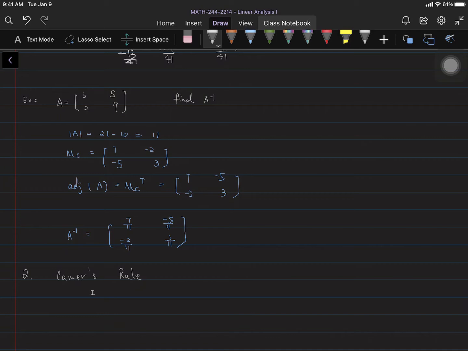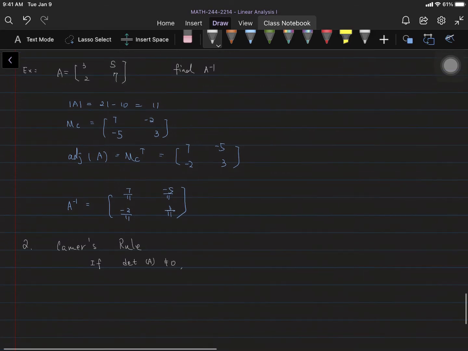If the determinant of A is non-zero, it cannot be 0, then the unique solution to the linear system AX equals B is given by this one.